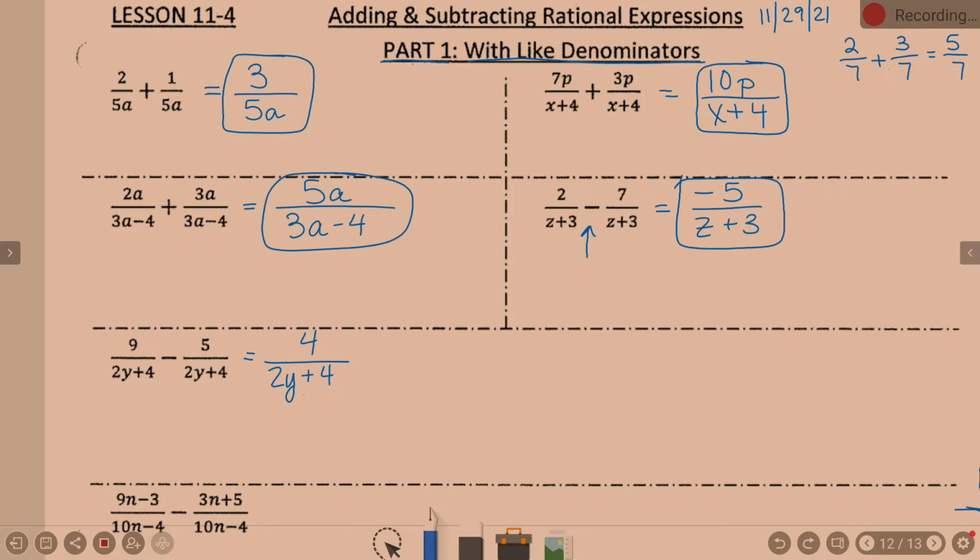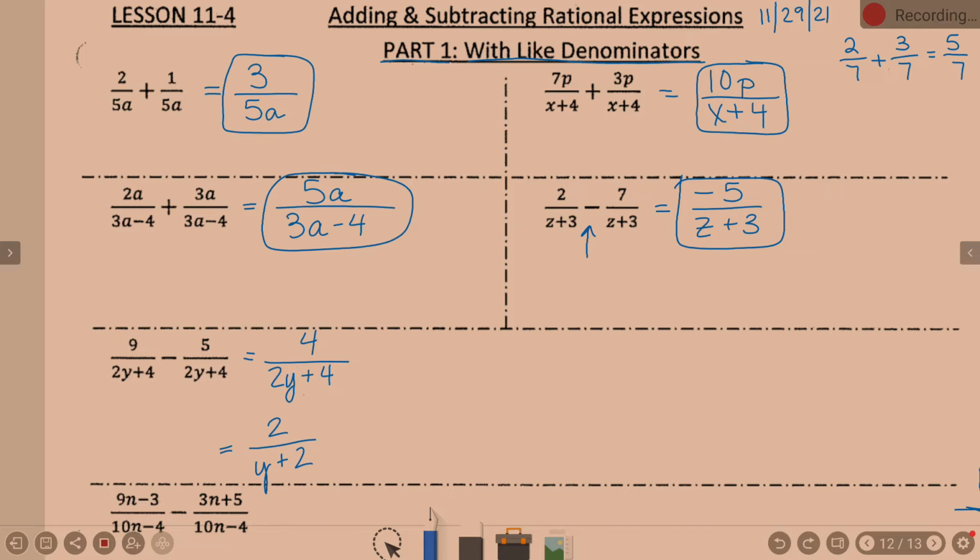So one option, and I'm going to show two different options here. If we divide everything by 2, 4 divided by 2 is 2. 2y divided by 2 is y, plus 4 divided by 2 is 2. That's probably the quicker way to get to the answer here. And that is your answer.